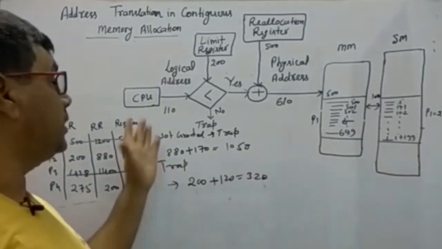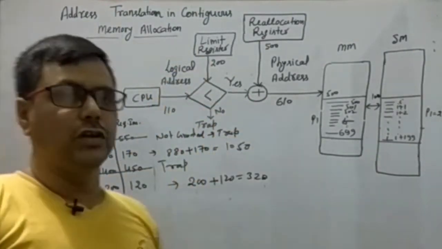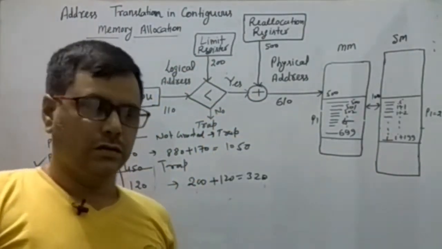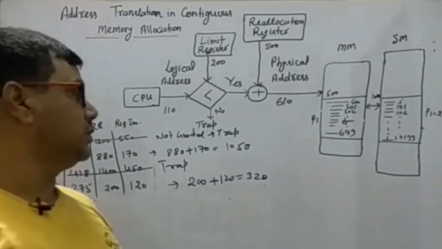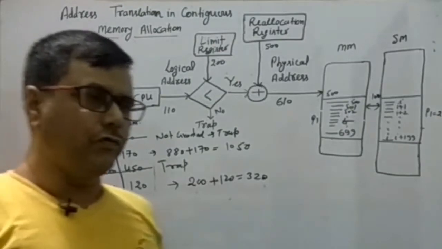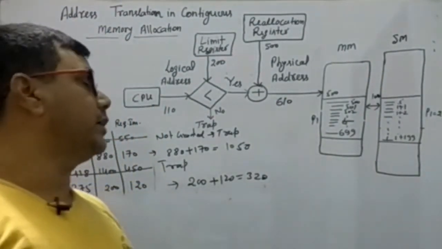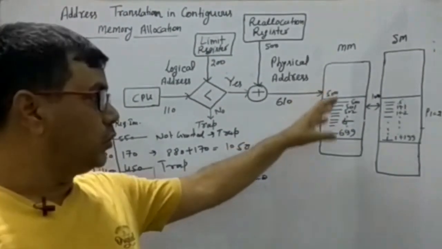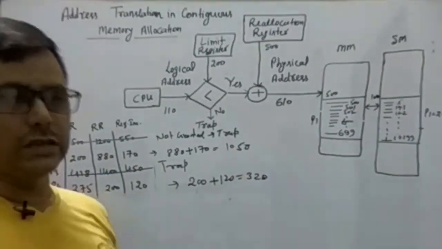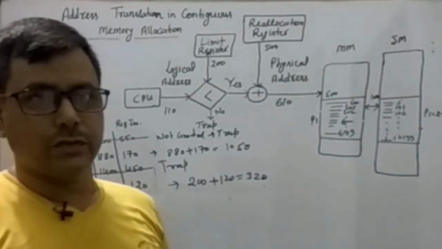So this is how address translation works in contiguous memory allocation. In contiguous memory allocation, address translation is also very easy in comparison to non-contiguous allocation, and allocation of memory is easier than in non-contiguous allocation.